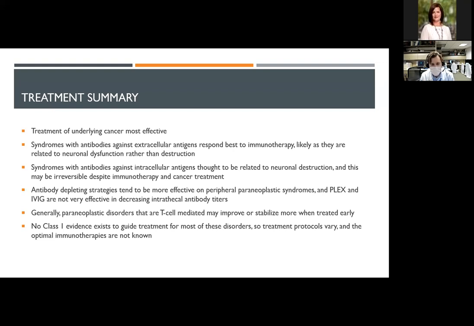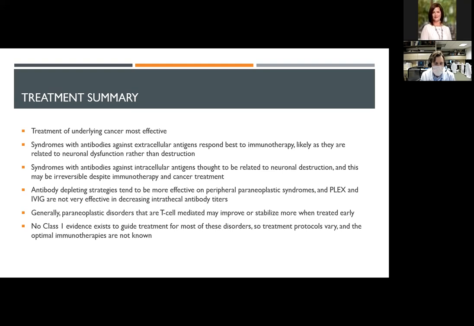So you may be able to stabilize those, but generally we're not expecting someone who has a lot of cerebellar degeneration on their MRI to have a lot of improvement in their ataxia with IVIG or Plex, because even if we stop the immune system from acting up, the cerebellum is still really damaged, which is unfortunate and very difficult.